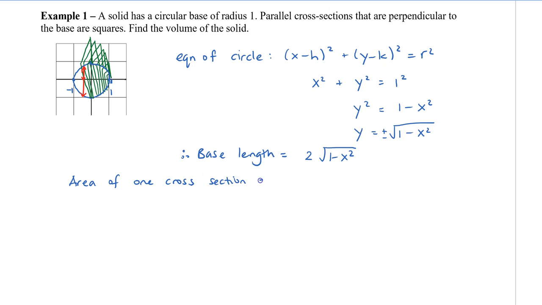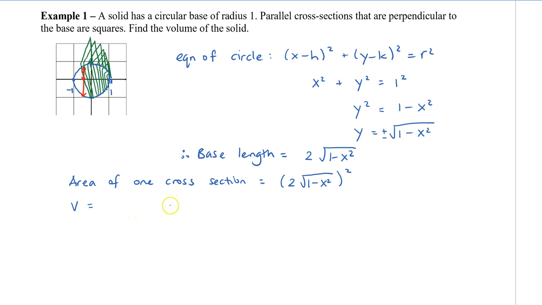Now, the shape of one cross section is a square, and since we have one side of the square, we can find the entire area by squaring this length. So we have (2 root(1 - x^2)) all squared. So now we can find the volume.